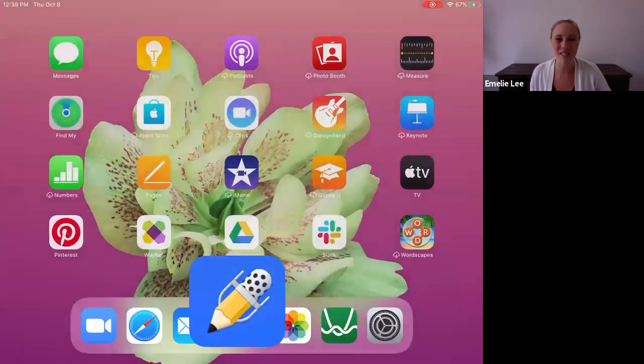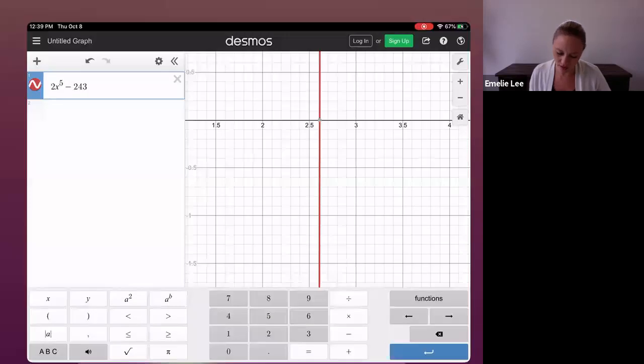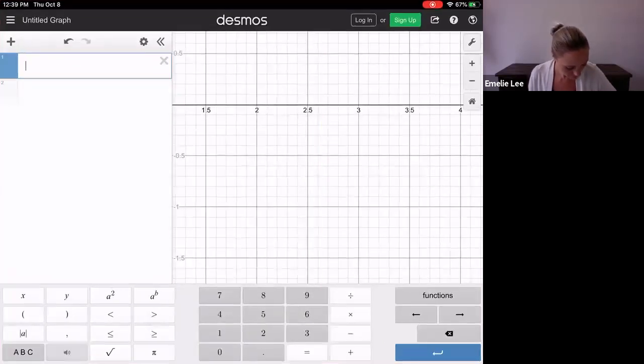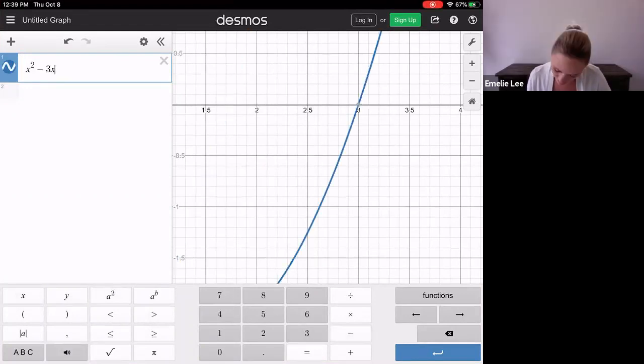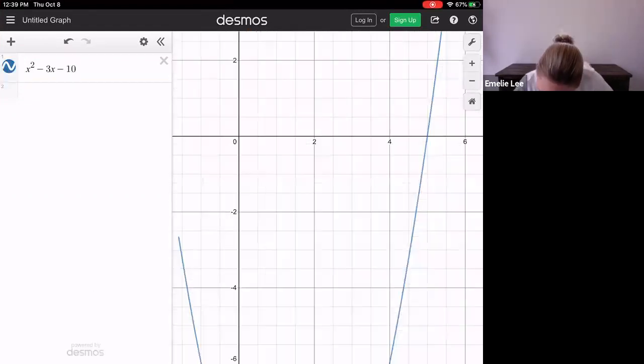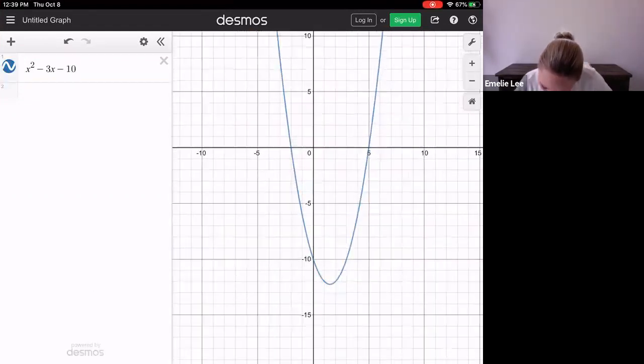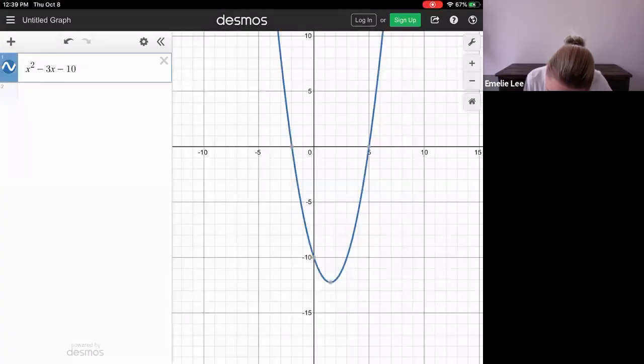And we're going to have the same thing like when we started today. So I've got x squared minus 3x minus 10. Now I have to zoom out a little bit here. Right, it looks like this, and if I click on my line, I can see where it crosses the x-axis.